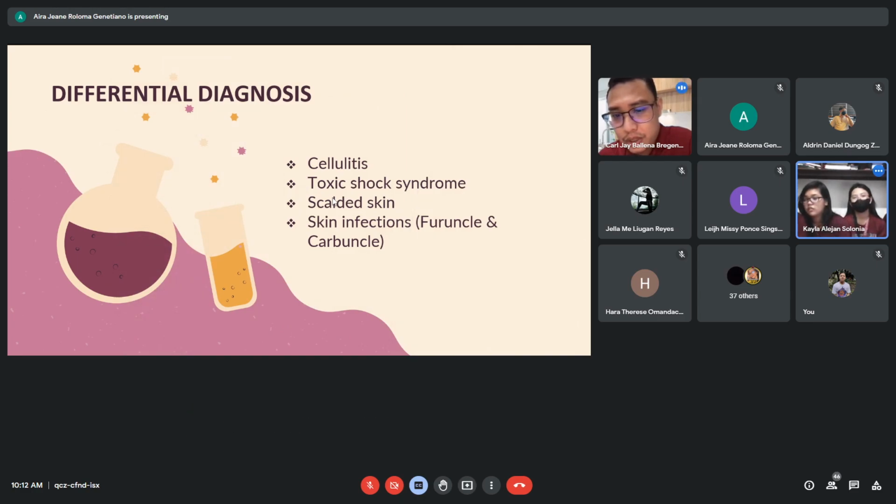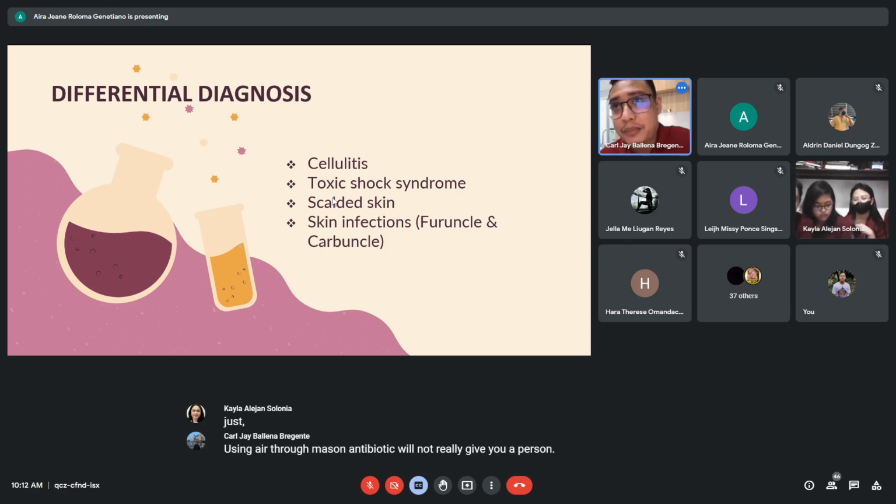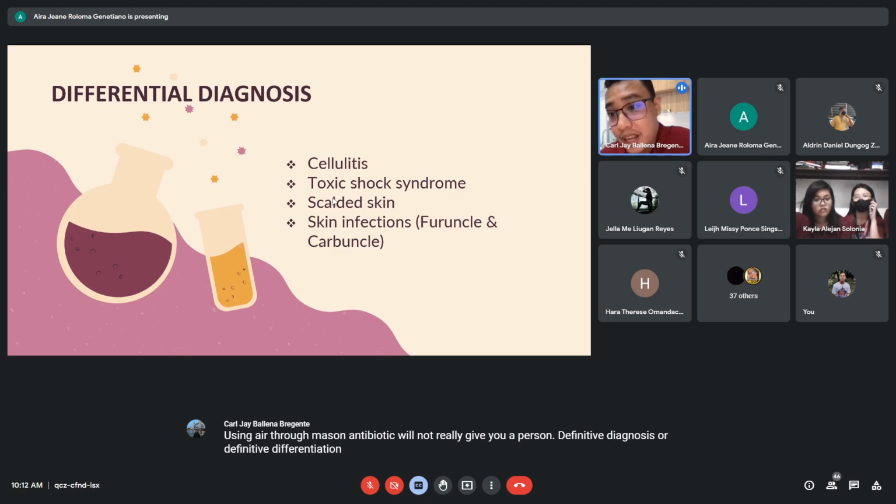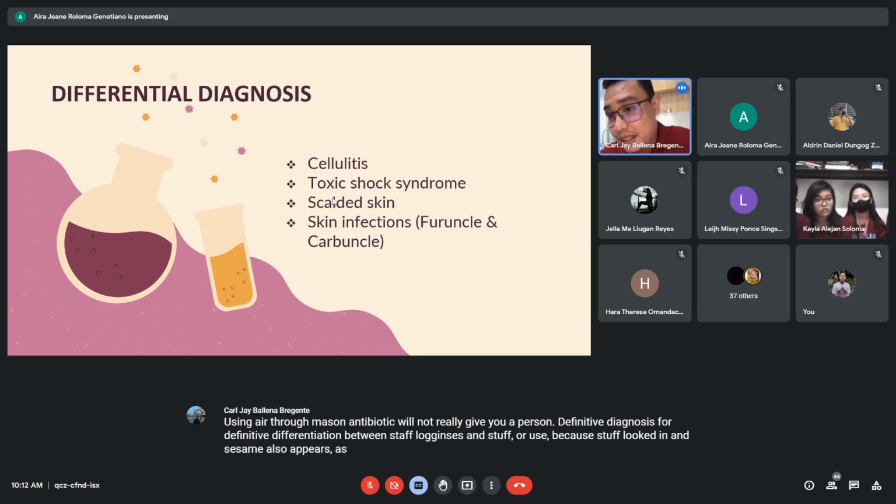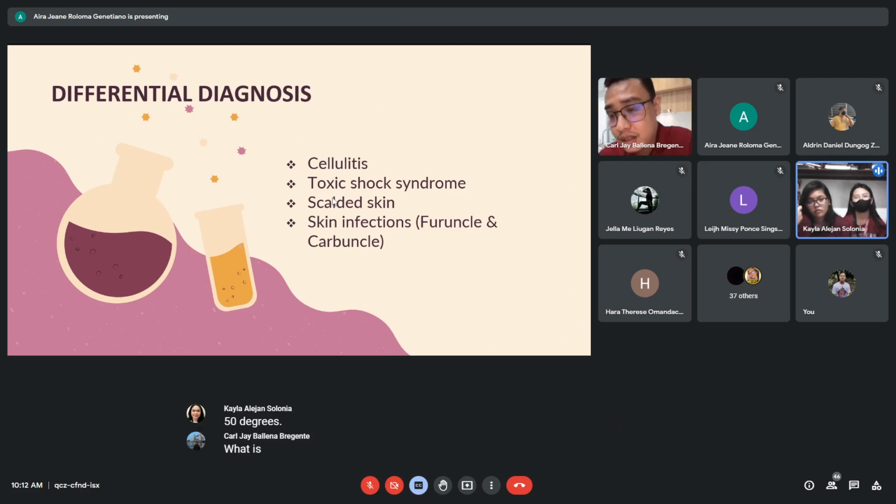Using erythromycin will not really give you a definitive differentiation between Staph lugdunensis and Staph aureus, because Staph lugdunensis may also appear as erythromycin resistant. So there is one test that will differentiate. What is this test?